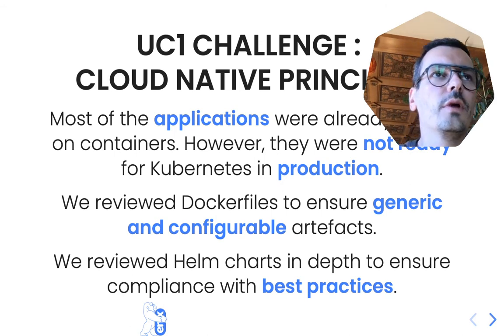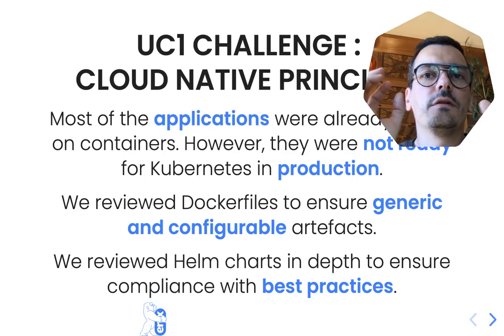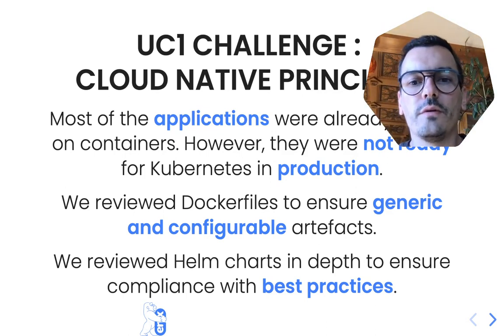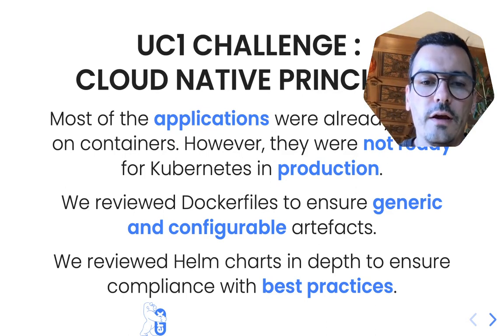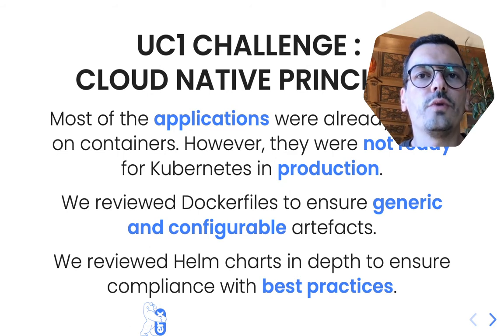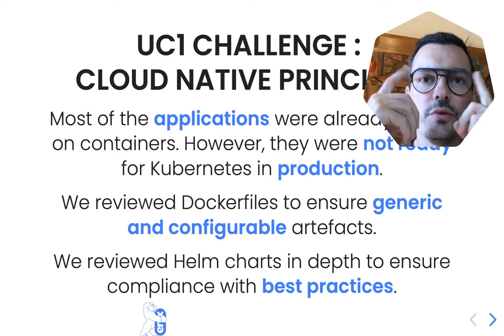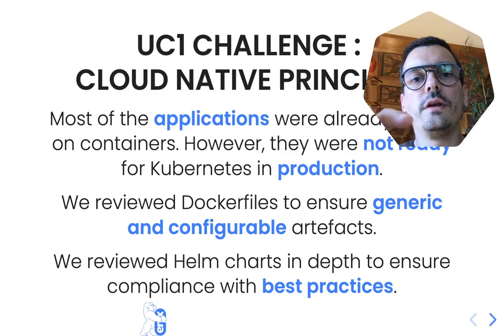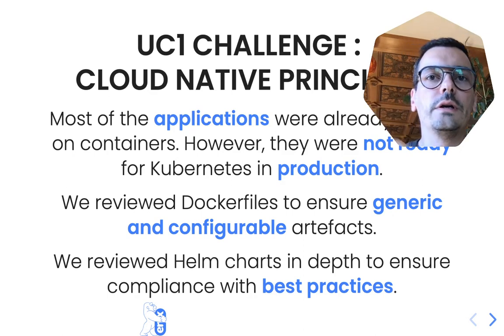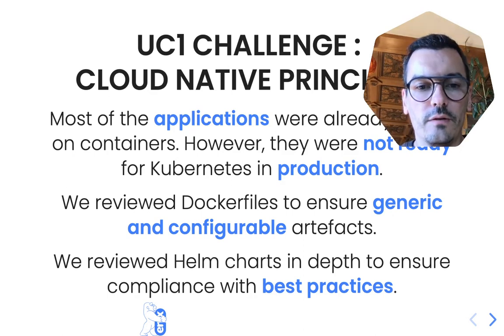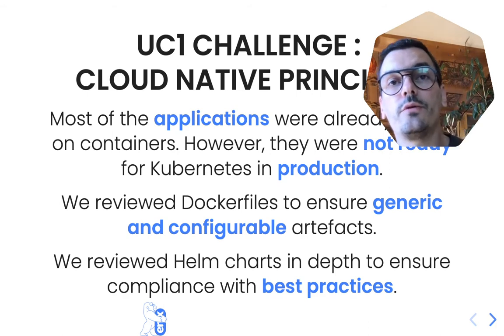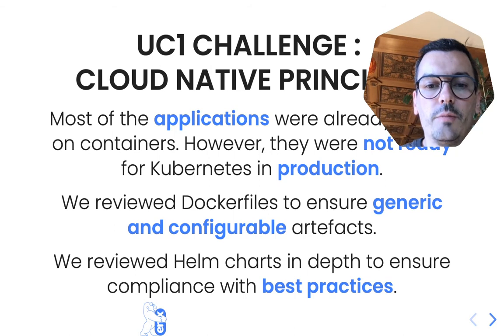Some Dockerfiles were dedicated to development with all of the debug flags, etc. The configuration was a bit messy, so we had to simplify it and make sure that all the Docker images were very generic and simply configurable. We also had to go through all the Helm charts and make sure that we were not dealing with complicated stuff where it was not needed.